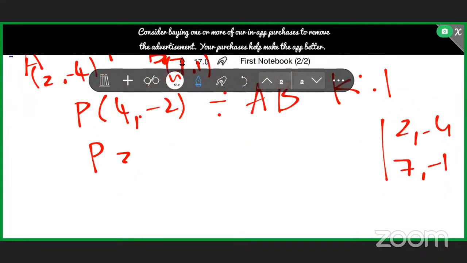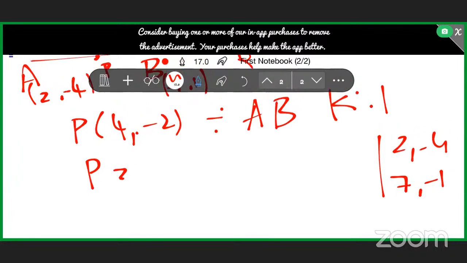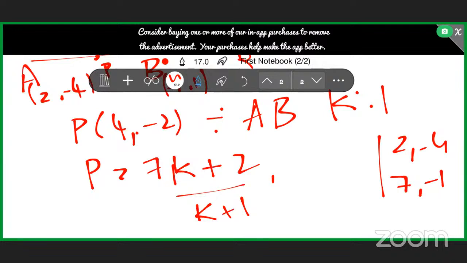Therefore, P is equal to (7K plus 2) divided by (K plus 1), comma, (minus K minus 4) divided by (K plus 1).